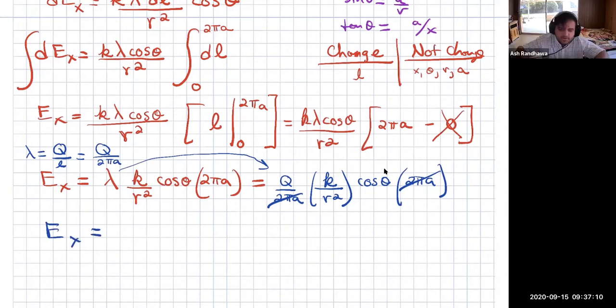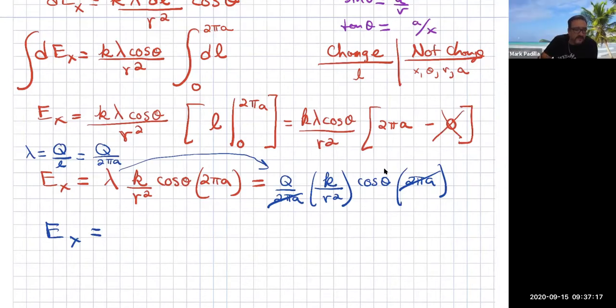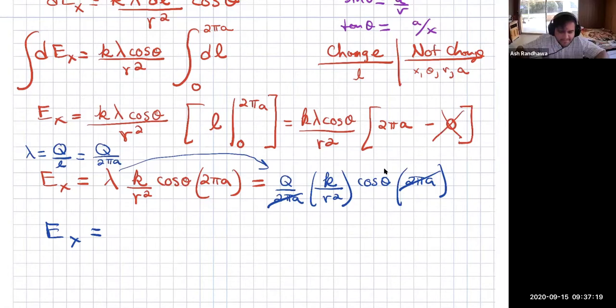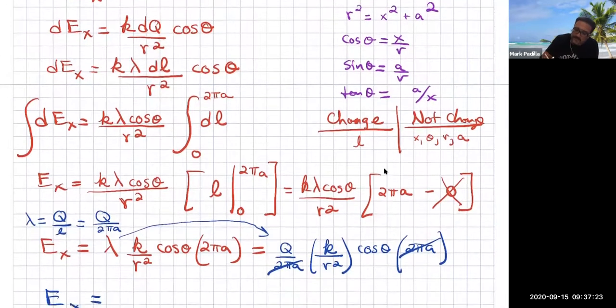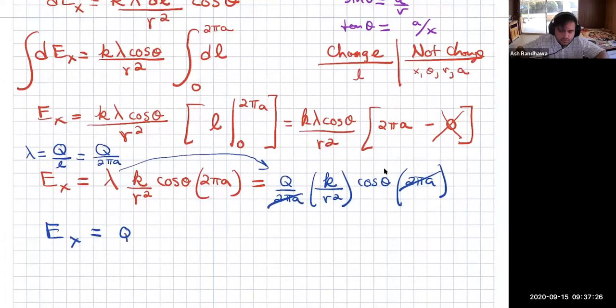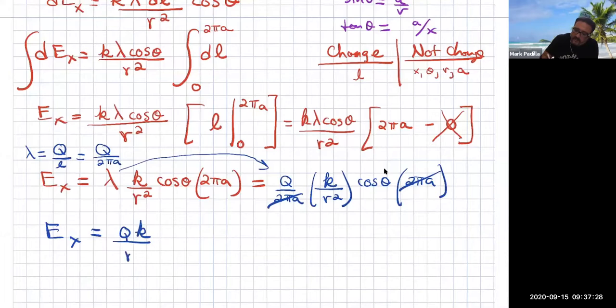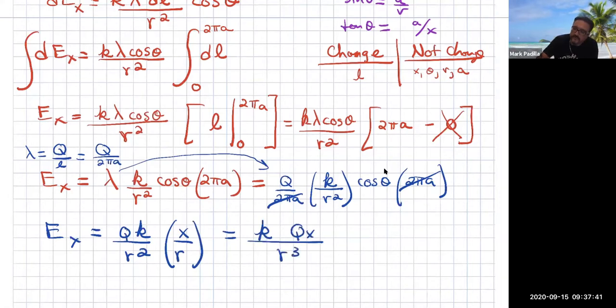So we still have the cosine there. What's the cosine function equal to? x over r. So now I'm going to get q k over r squared, and writing in what cosine is equal to, x over r, I get k q x over r cubed.